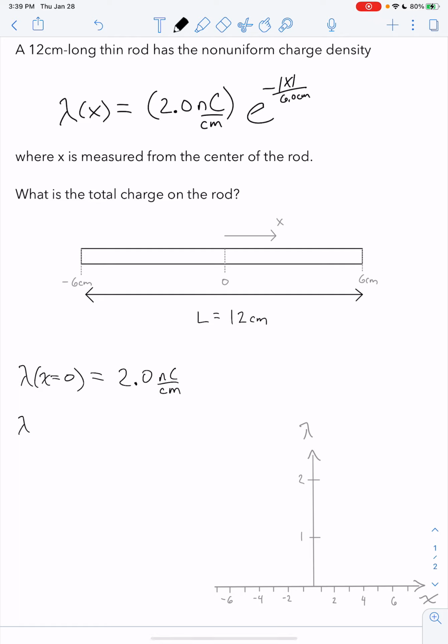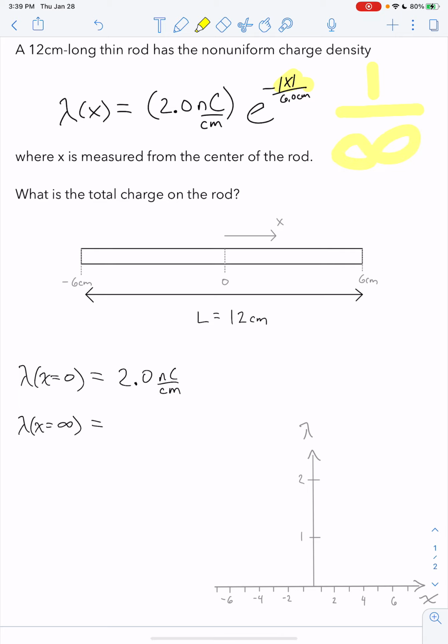So then we could say, well, what about lambda where x is equal to infinity? Way, way out there. I mean, not at 6 centimeters. I mean, what does the function do way out there? Well, if x here is infinitely large, well, this is actually going to be 1 over e to the infinity, because this is negative x.